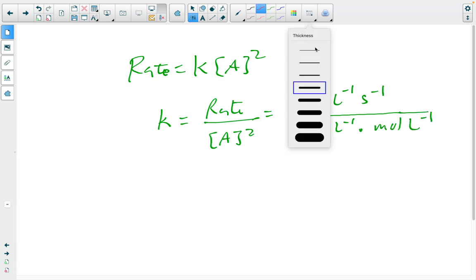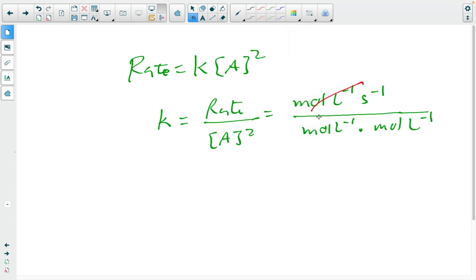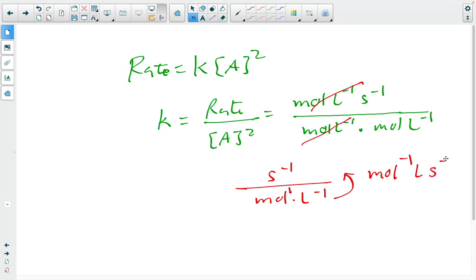And that basically means that here the moles per liter will cancel with this. What I will end up with is S to the negative 1 over mole times liter to the negative 1. Now, typically, if you're an IB student, this is not how it would be left in a question. You would bring this up. And when you bring this up, it becomes mole to the negative 1 because the exponent here is 1. Liters will become positive. And then S is still to the negative 1. So that would be the unit for this.